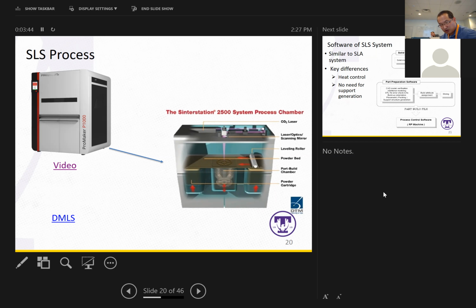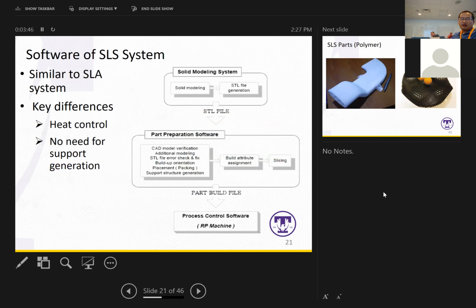All right. Okay, let's move on. So as you can see, the software for an SLS system is quite similar to the one for SLA, but there are some key differences. First is the heat control, right? Because you can see it involves a large amount of laser power to sinter the powder.